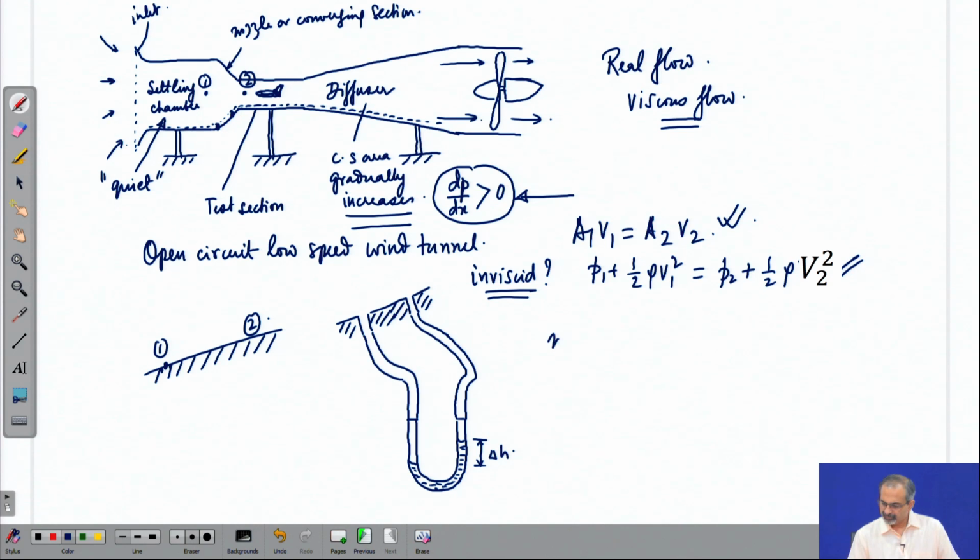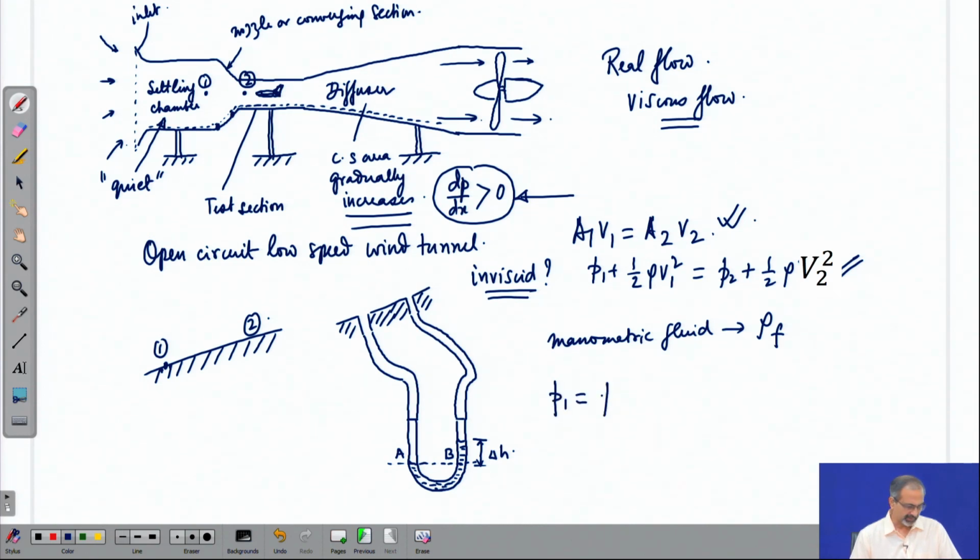So, if we assume the manometric fluid has a density of rho f, f for the fluid, then we apply the principle that at the same elevation or height, if we choose 2 points A and B, the pressures at those 2 points are equal. Based on that principle, we could write that P1 is equal to P2 plus delta H rho f g.